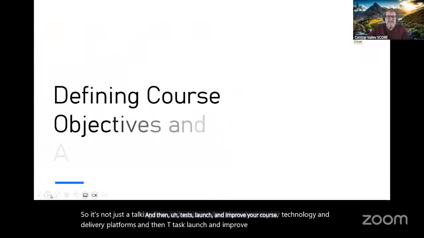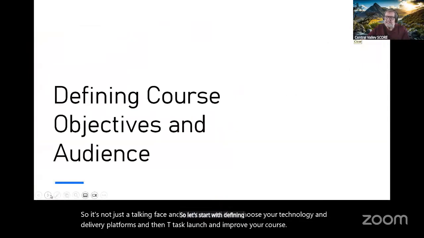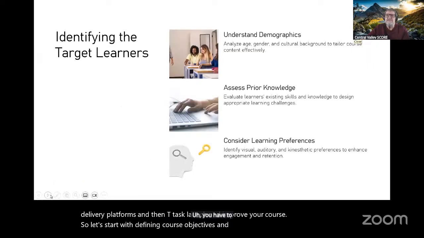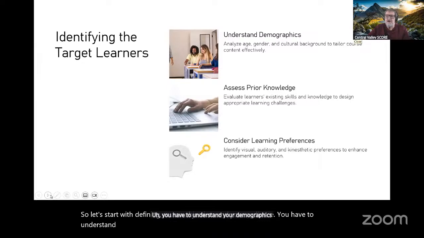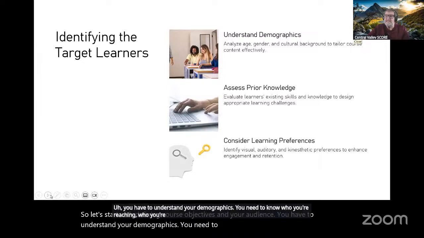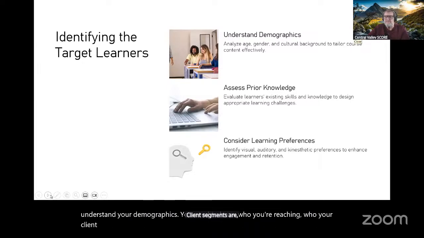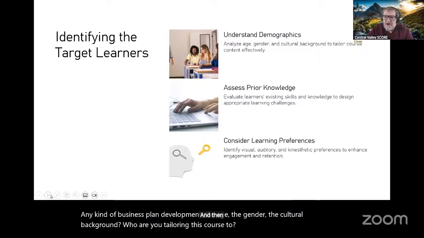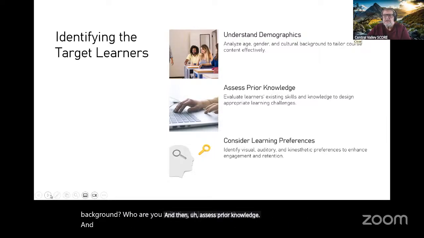So let's start with defining course objectives and your audience. You have to understand your demographics. You need to know who you're reaching, who your client segments are, like we talk about in any kind of business plan development. The age, the gender, the cultural background, who are you tailoring this course to? And then assess prior knowledge. What do your learners already know?